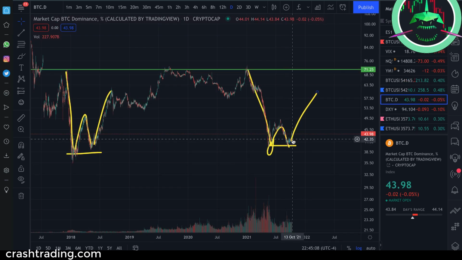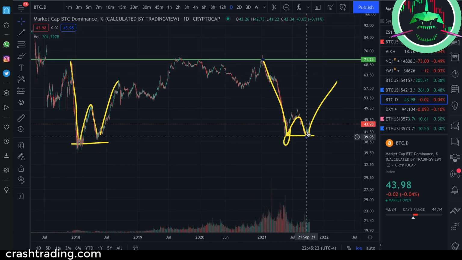One is that the Bitcoin ETF is going to allow money to pour into Bitcoin, and it's going to allow the crypto market to do okay with this ratio going up, which is atypical. Usually when we see the Bitcoin dominance ratio move higher, we see the market crash, right? So that's the only way, in my opinion, that this is not going to lead to a crash, is if the Bitcoin ETF allows it to, okay?